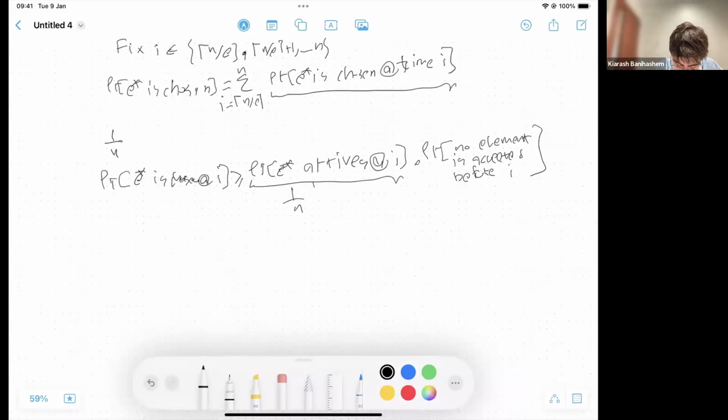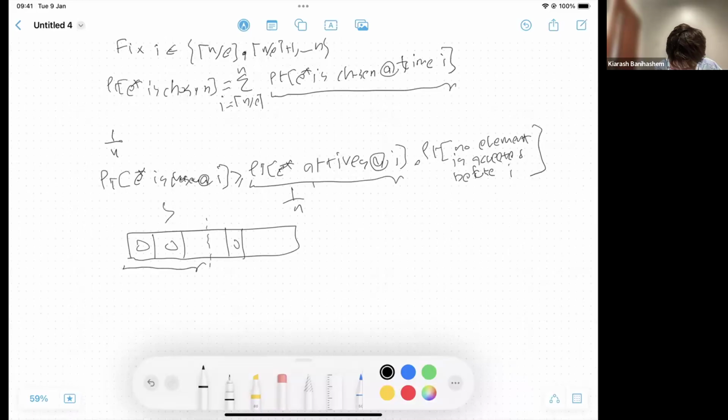So if I think of these elements, they're arriving in some random order. This is the first element, this is the second element, let's say this is time I, and let's say this is the sample set S. If I look at the elements before E star, and look at the maximum element there, I claim that as long as the maximum element appears in the sample set, then no element will be accepted before E star.